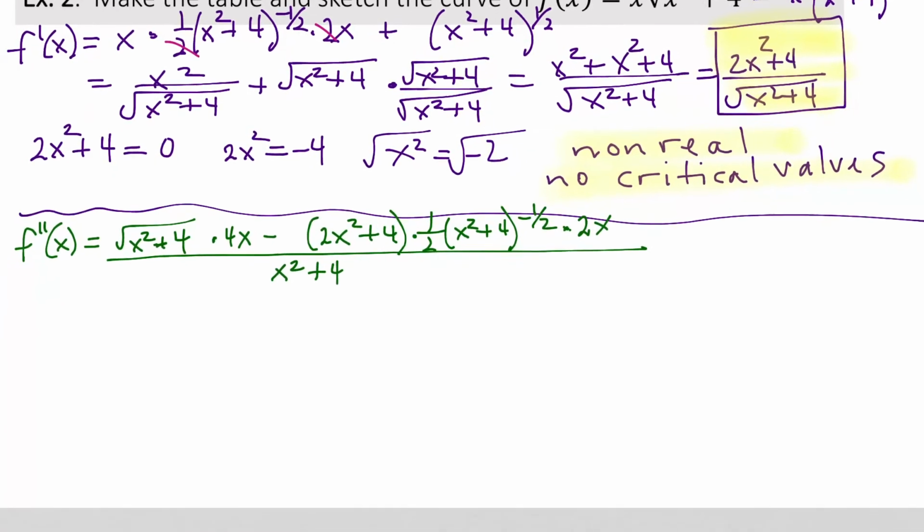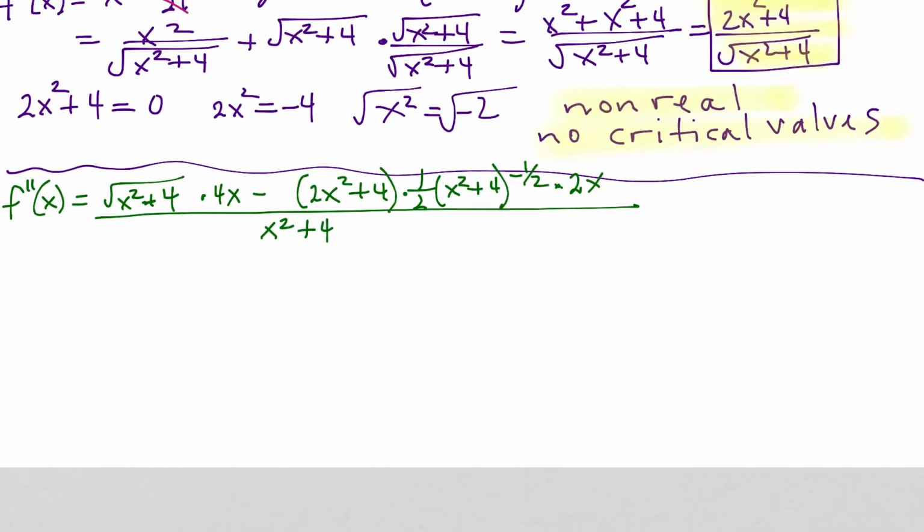So now we simplify this. We've got 4x times the square root of x squared plus 4. We've got some 2's we can cancel here.